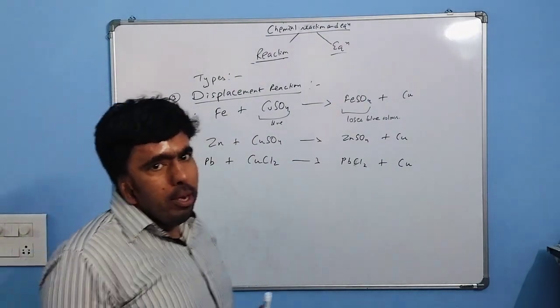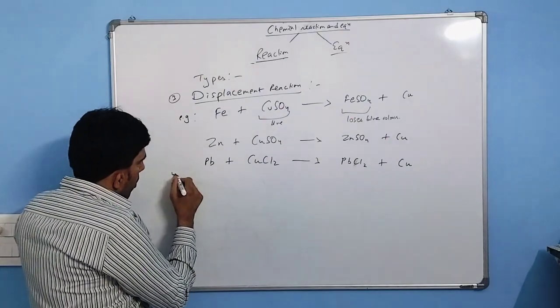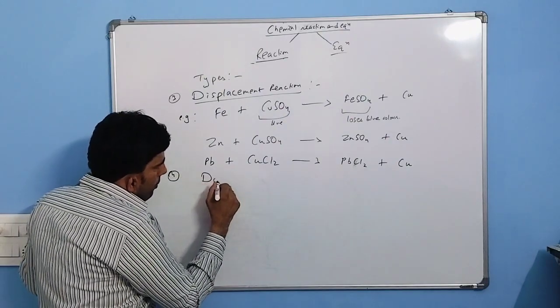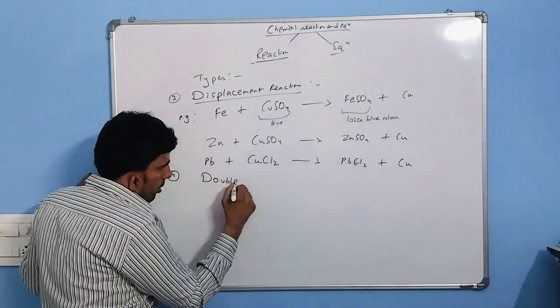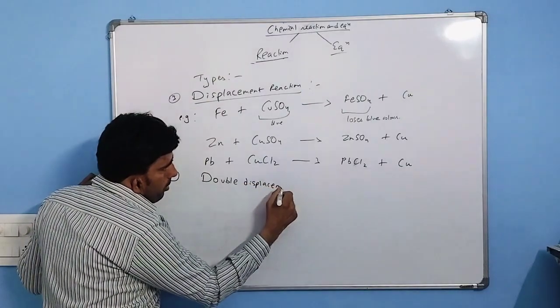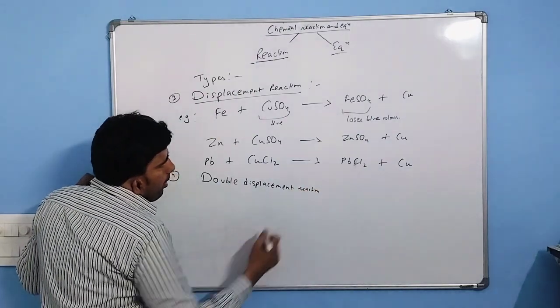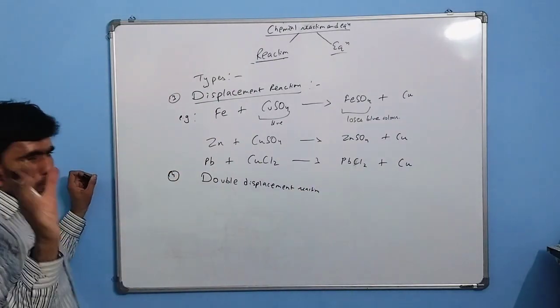Another type of chemical reaction is called a double displacement reaction. I will explain with an example.